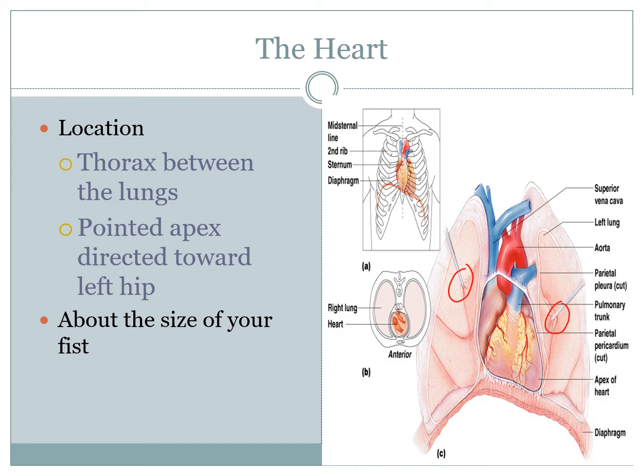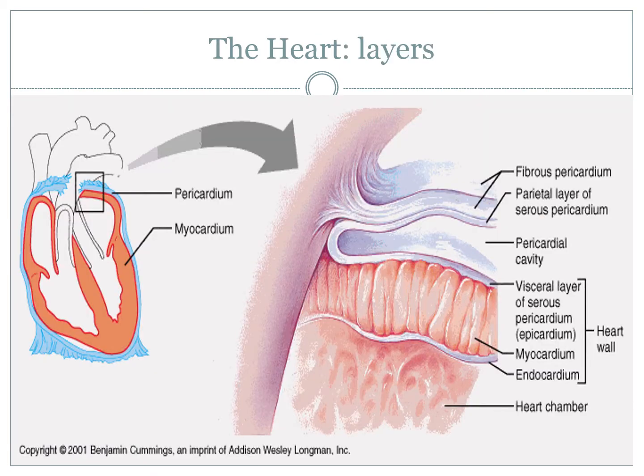Now, the heart, like most structures in the body, is broken up into a series of layers. These layers have a unique function, and it's sort of biologically designed that way. Starting right at the top with the very outermost layer, we have what's known as the fibrous pericardium. This works as a really strong protective layer that also binds it to the muscular wall.